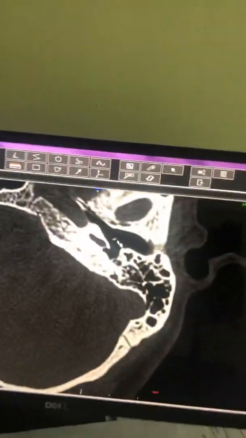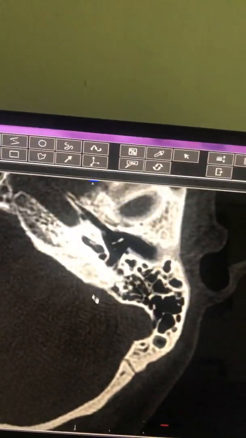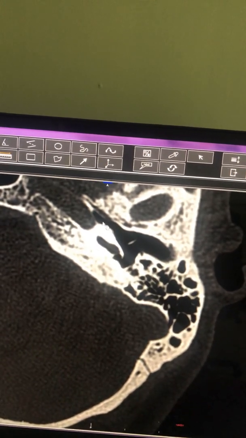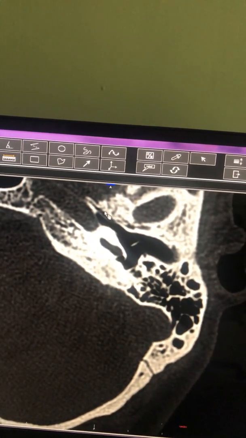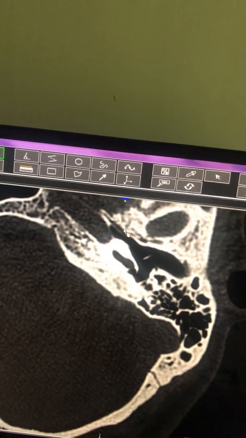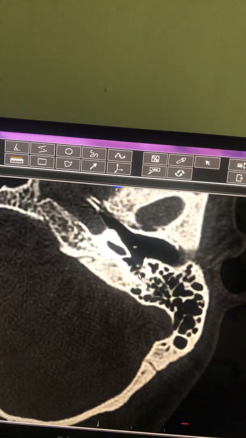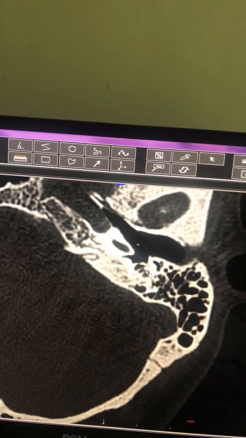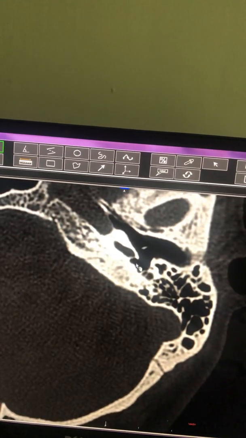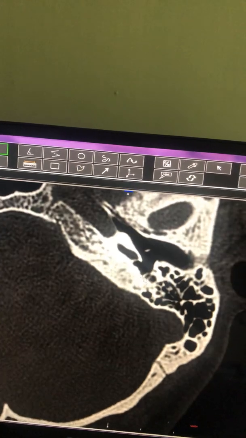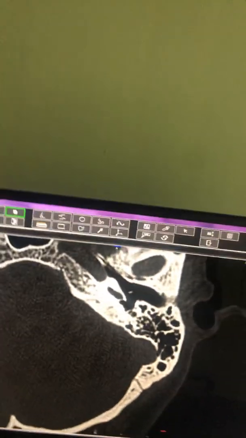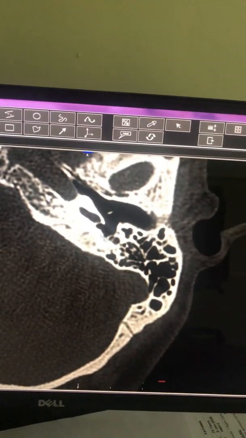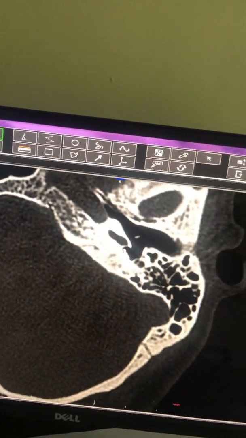So in the actual image you can see the seal is being formed. This is the eustachian tube, this is the tensor tympani. When you adjust, this is the facial recess, the tympanic pyramid in between, and this is the sinus tympani.